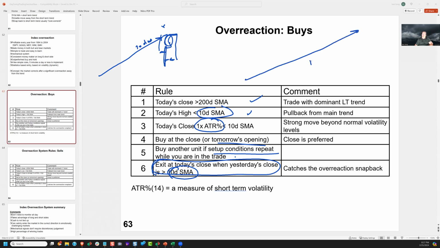And then here was the setup day where you had that sharp move against it. So you buy the next day's open. And then as this thing goes up, once it corrects, and then today the close was above the 10-period moving average, you sell tomorrow's close. So you give it one more intraday move and then sell the close.